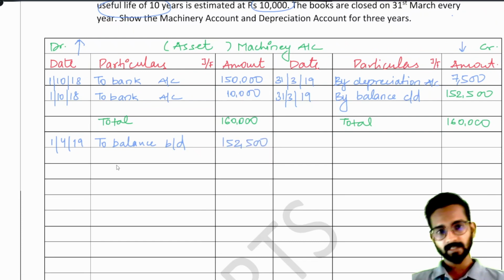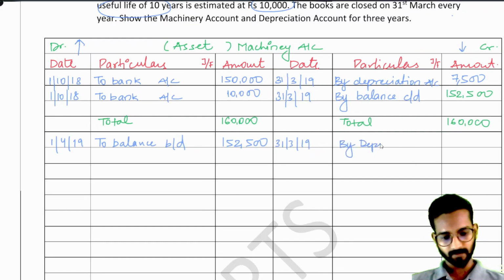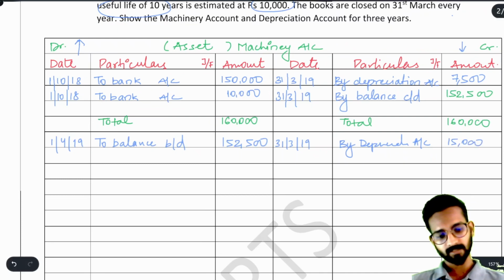Now, there were no expenses in this year, so directly you can charge the depreciation. You will write here on 31st March 2019 by depreciation account. How much is the depreciation for one particular year? That was 15,000 rupees. So that's it.